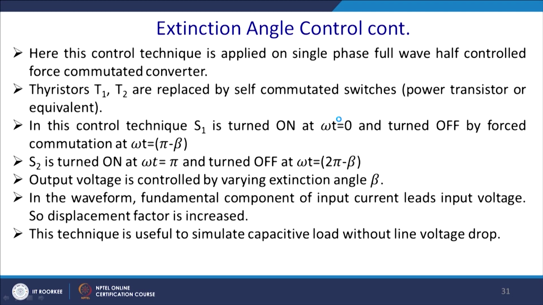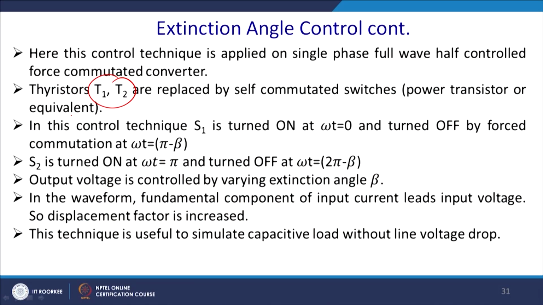This control technique is applied on a single phase, full wave, half controlled, force commutated converter. Either you have a force commutated converter or you should have a GTO. Thyristors T1 and T2 are replaced by self commutated switches, power transistors or their equivalent IGBT, IGCT, GTO.